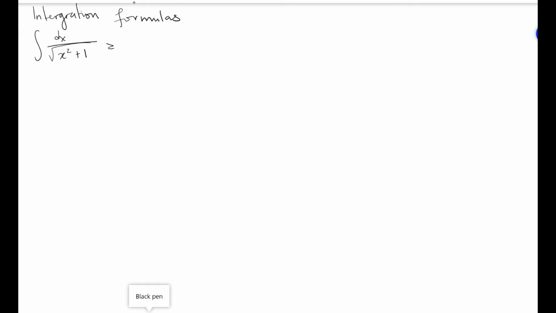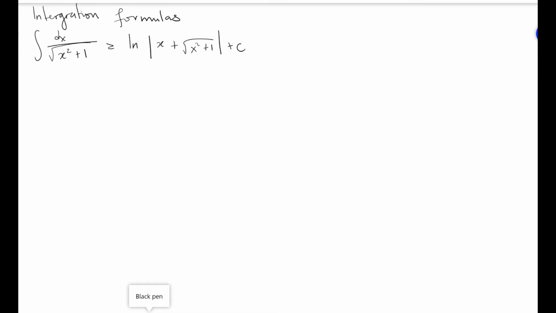When you see this type of equation, your final answer will be ln of x plus the square root of x squared plus 1, plus c. This is the answer.